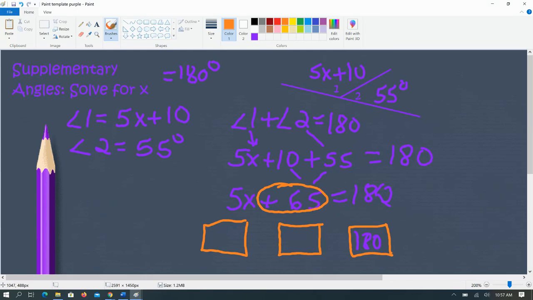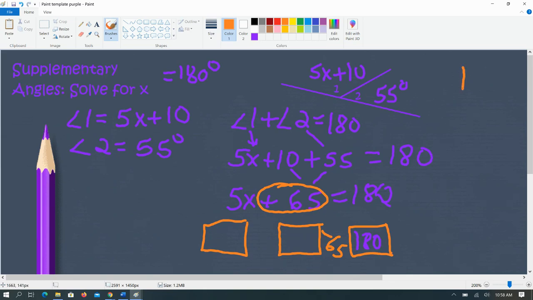So the reason I circled the entire thing is because it tells me this is a positive 65, which means I'm going to need to do the opposite. So I'm going to need to minus the 65. So if I take 180 plus a negative 65, they're not the same sign, so different signs subtract. So I would be subtracting.